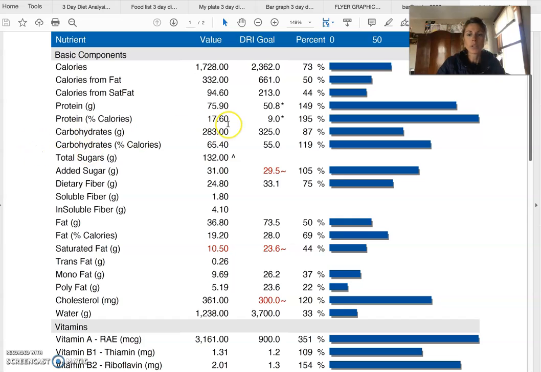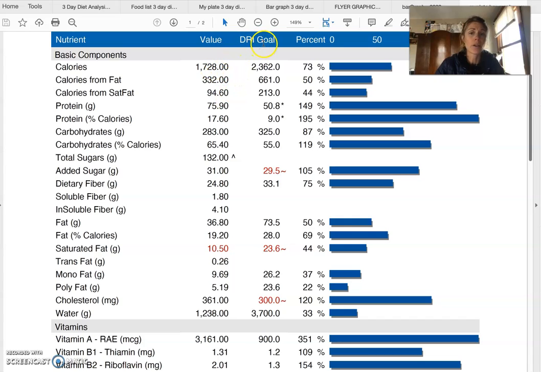So when we're looking at this, it is a bar graph from a student. I covered up the name, so you can't see who it is, but I'm just using it as an example. This was not a 3-day diet analysis, this is just 1 day, but it doesn't matter regardless.